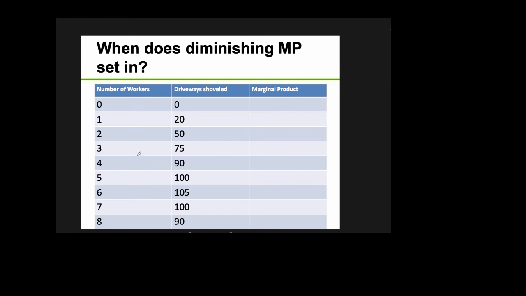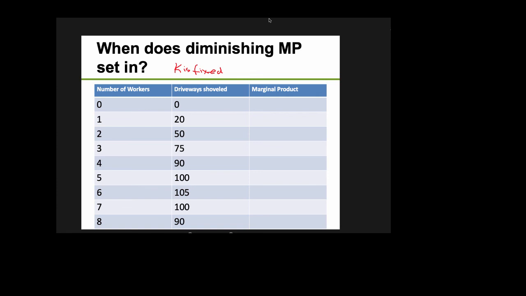So let's say you're running a business that involves clearing driveways, and you've got in the first column your number of workers that you're going to hire, and in the second column the number of driveways that those workers will clear. Now notice that capital is fixed. So we only have so many shovels, we only have so many trucks. So capital is fixed here.